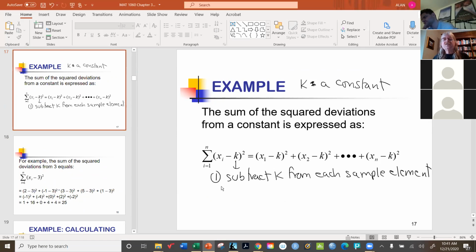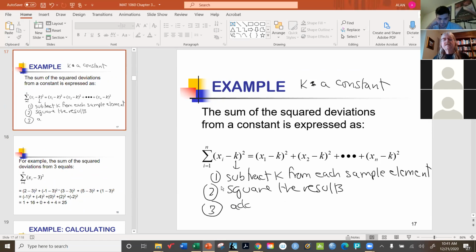Subtract k from each sample element, square the result, and add them up. So it's a three-part process.